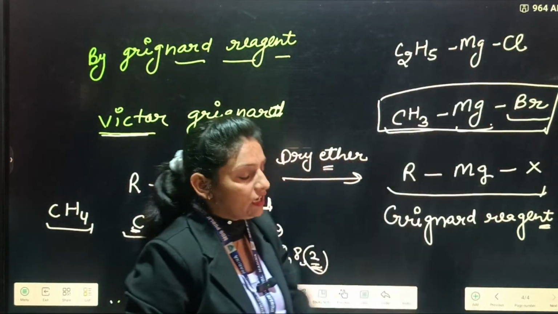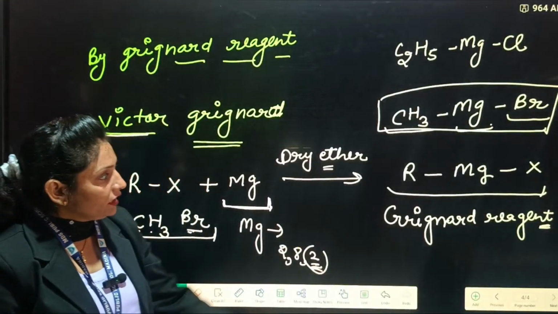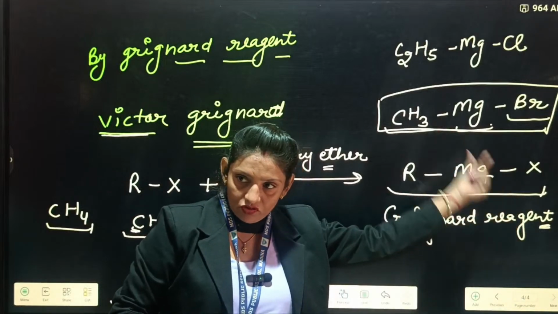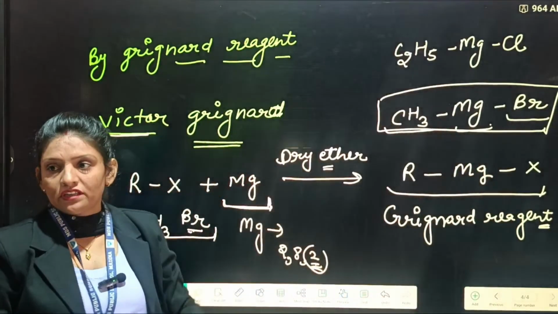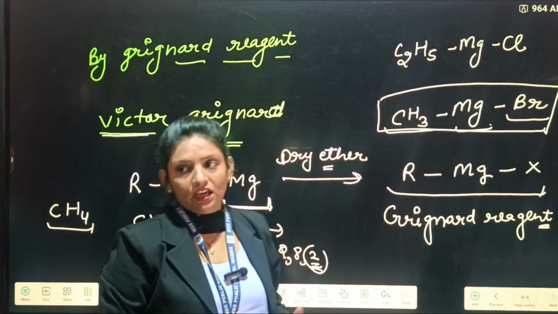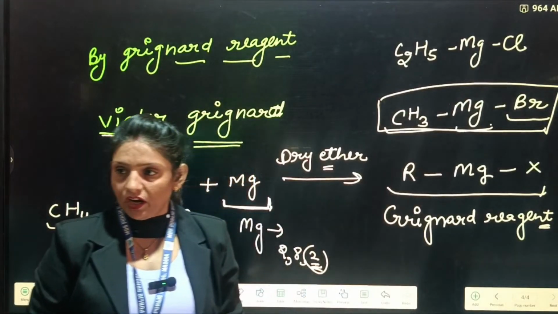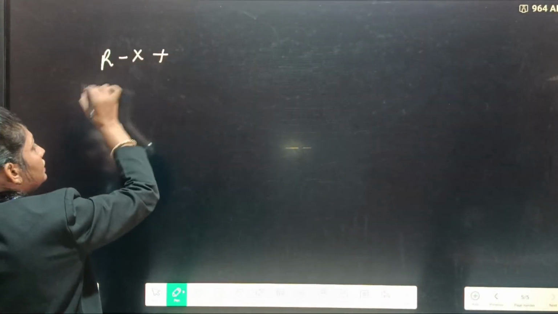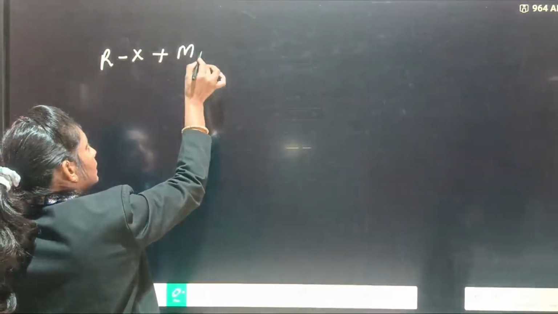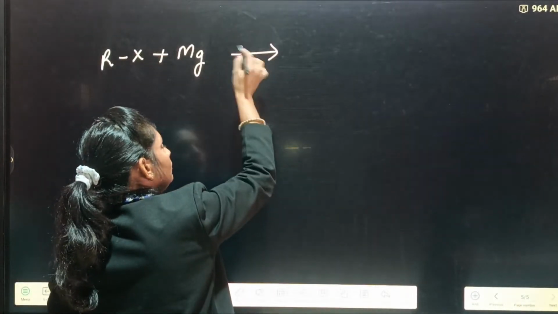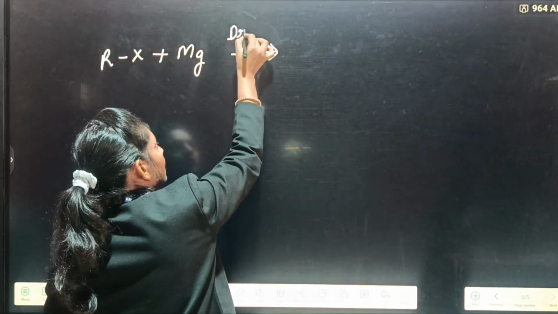So what is the Grignard reagent? Grignard reagent is alkyl magnesium halide. Because it was given by Grignard, that's why it is known as the Grignard reagent. But we want to prepare alkane from this one. How can we form it? Firstly, we prepare the alkyl halide, which then reacts with magnesium metal in the presence of dry ether.